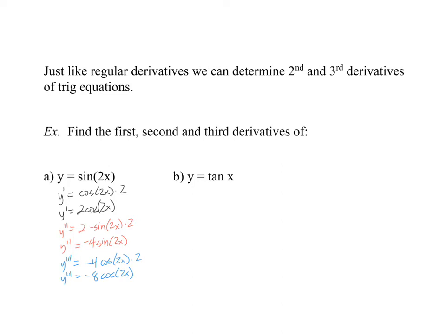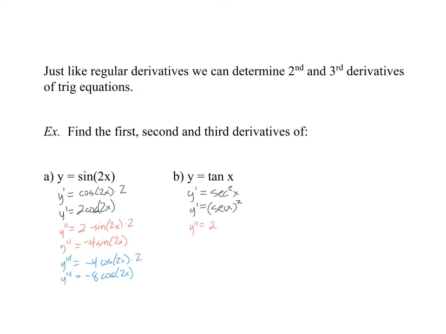Let's see what happens with tangents, though. This one could be a little bit more difficult. So if our original equation is tan x, we know from our formula sheet the derivative is secant squared. But let's write that as secant x in brackets squared like this. So now we can see that for our second derivative, we would use chain rule.